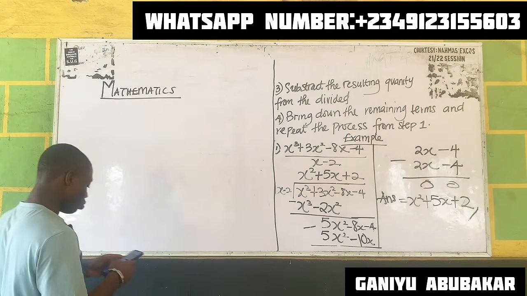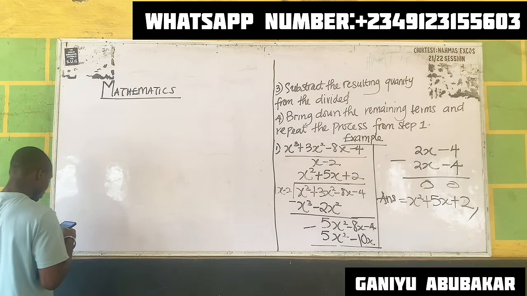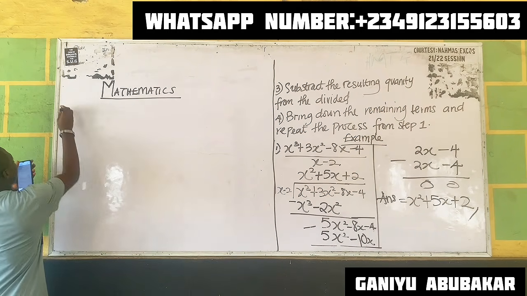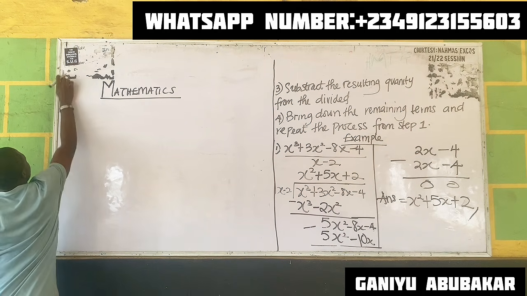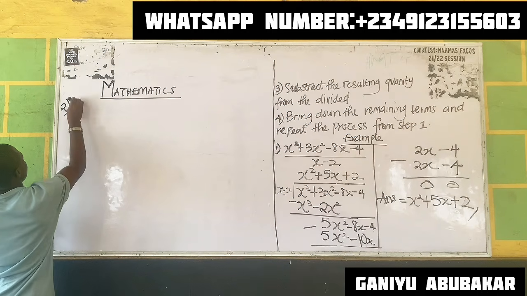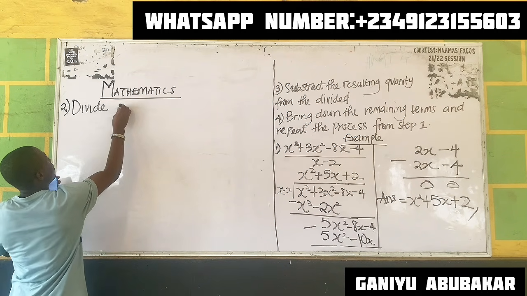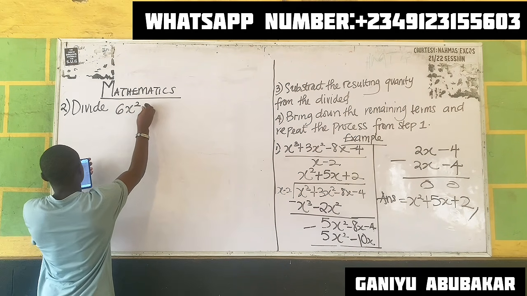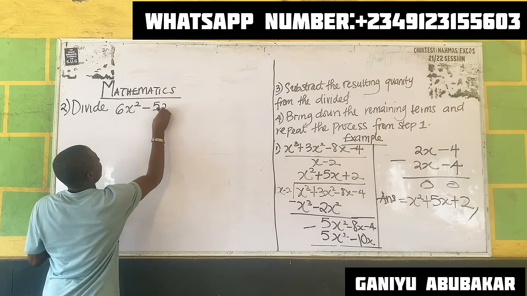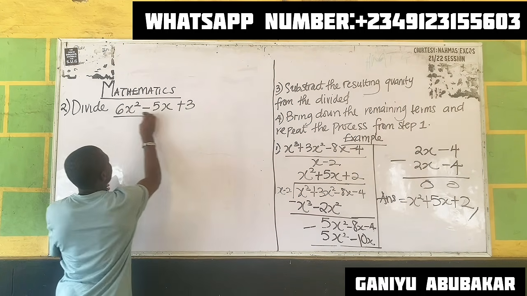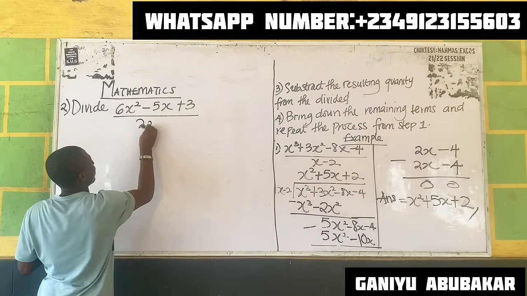It says divide 6x squared minus 5x plus 3 all over 2x minus 1.